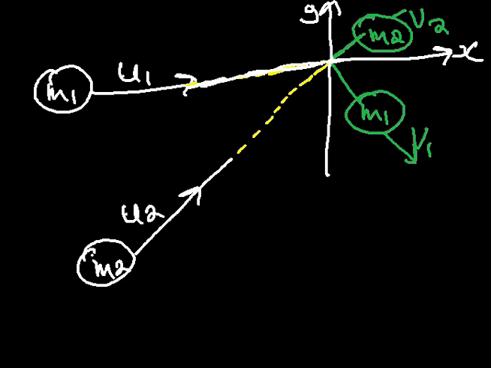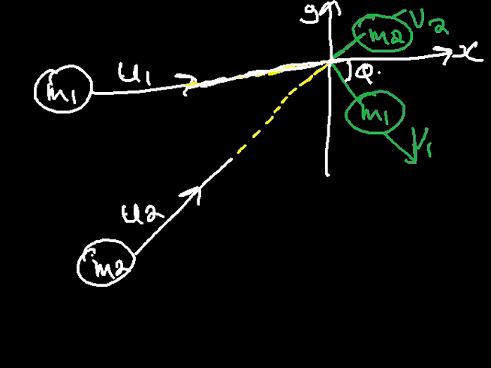So now, which means the object of mass m1 is moving horizontally before collision, and after collision it is moving at an angle, let's say theta 1.